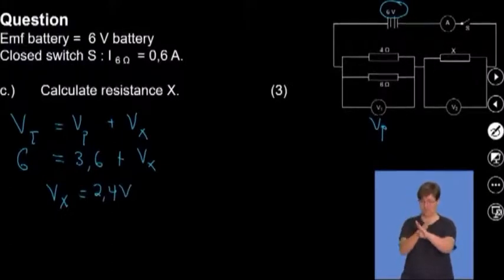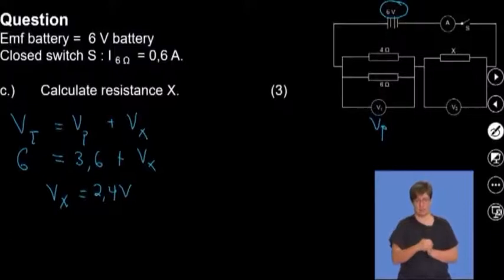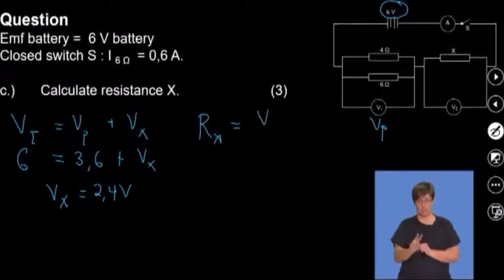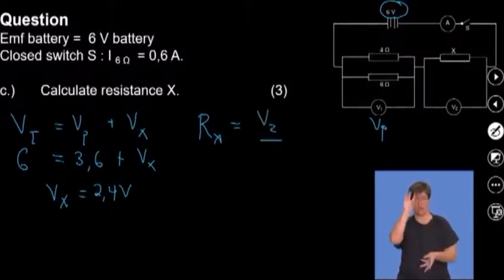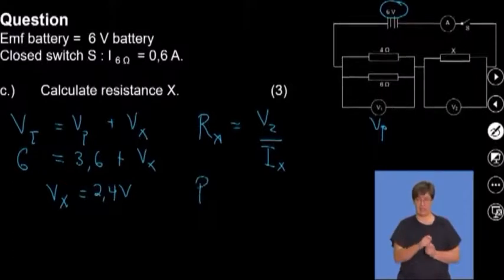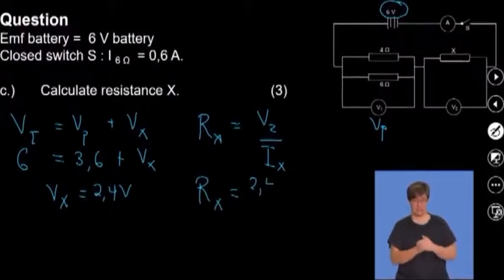But we want to calculate the resistance. We know the total current passes through resistor X. So Rx equals V2 divided by the total current in the circuit, which goes through resistor X. Our V2 is 2.4, divided by the total current in the circuit, which is 1.5.